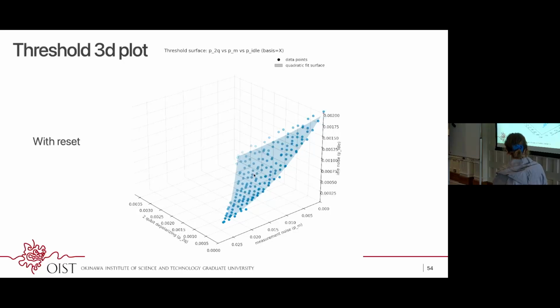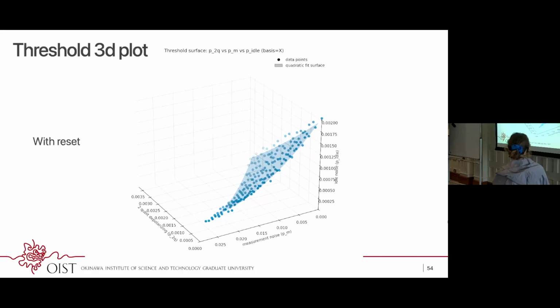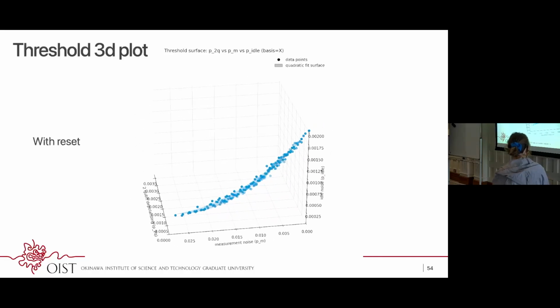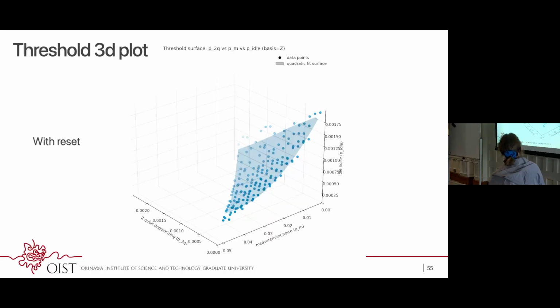This is done with the reset. Okay, I just made it animated to look fancier. This is the same simulation in the Z basis with the reset.